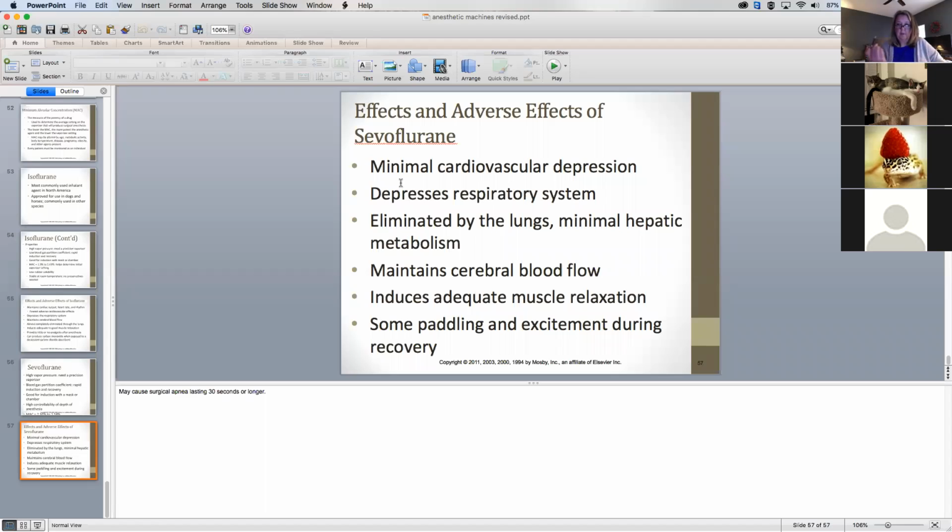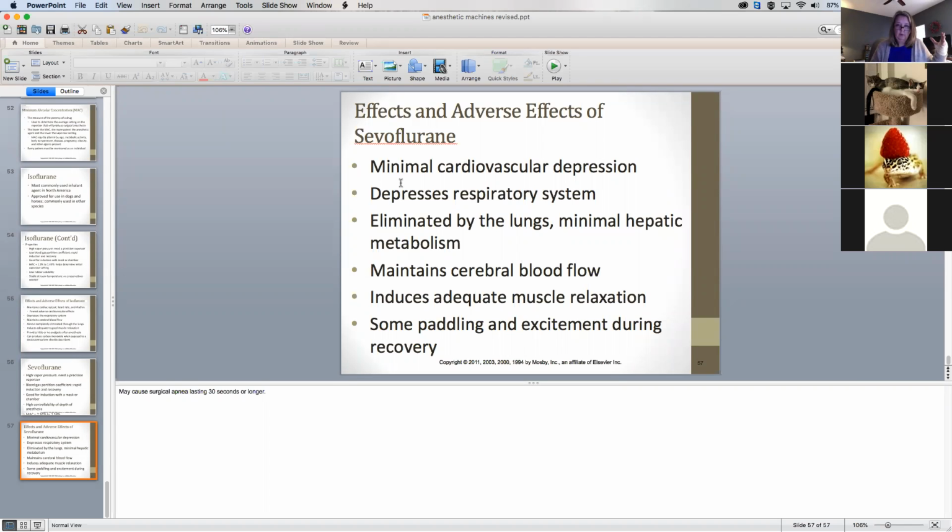When you have a vaporizer in the circuit, the patient breathes through the vaporizer. So any change in respiratory drive, respiratory rate, when I say drive, I mean effort. If they're breathing very, very deep, very rapid, they're pulling more air through that vaporizer. They're going to increase their concentration.